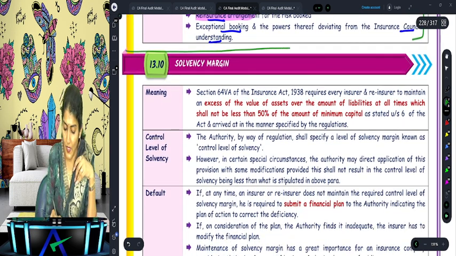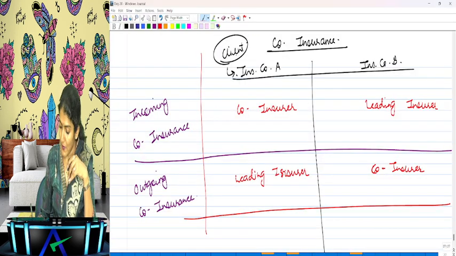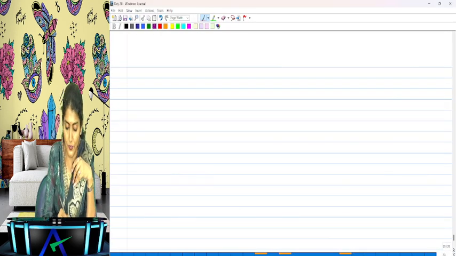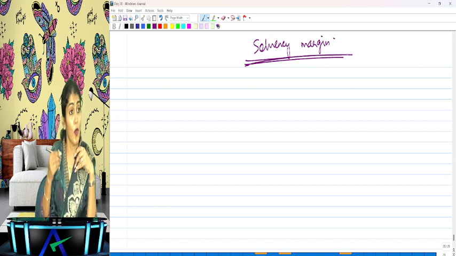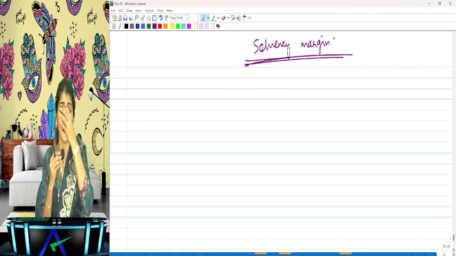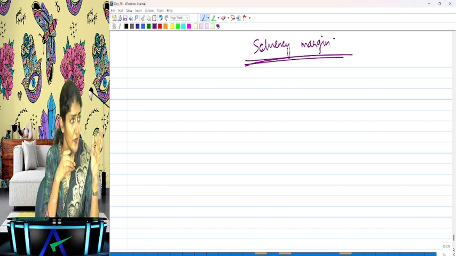Then coming to the next discussion over there, solvency margin, again ATF. Right, solvency margin. So now coming to the next round of discussion in this chapter, which is regarding the solvency margin. Solvent. When would you say that a person is solvent? When the assets are more than the liabilities. Okay, so what does it say?